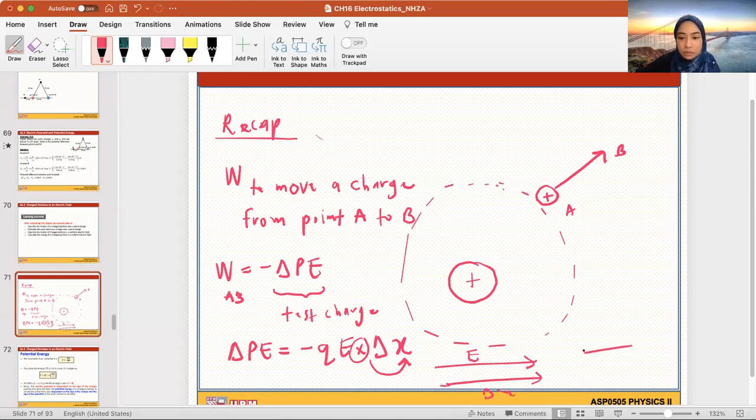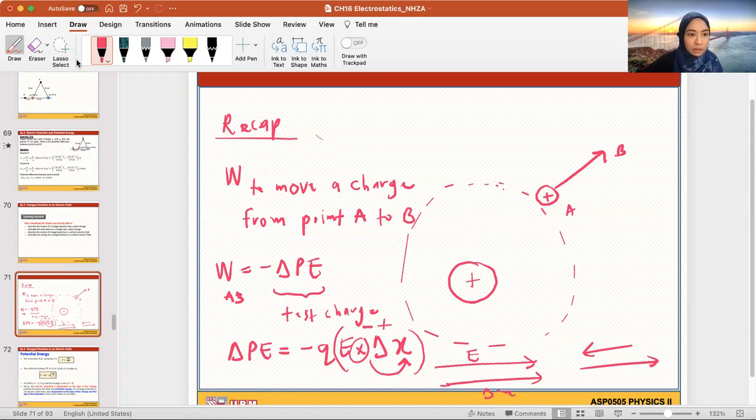If my E is this way and my delta x is this way, yes, it works because they are still parallel, but the directions are different. If they have the same direction, both are to the right, then this component will be positive. If they are both going to the left, this component will still be positive because they are in the same direction. If they are in opposite directions, no matter whether E is to the right or to the left, and your displacement is opposite of what E is, then this component will be negative.